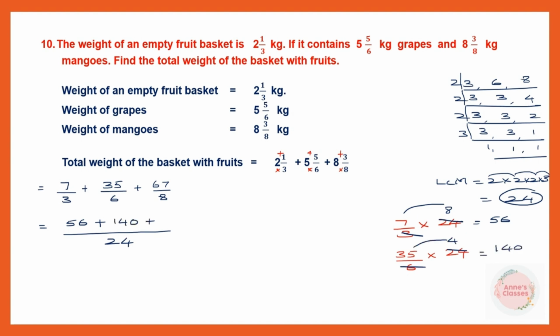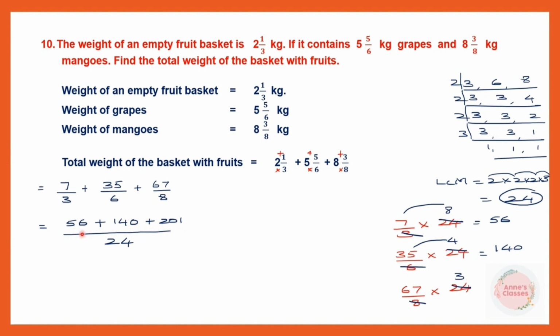Let's take the third rational number which is 67 by 8. So we're going to write that 67 by 8 and we're going to multiply it with the LCM which is 24. Cancel, 8 3s are 24. Now if you multiply 67 into 3, you get 201. So let's write that here. So this is 201.